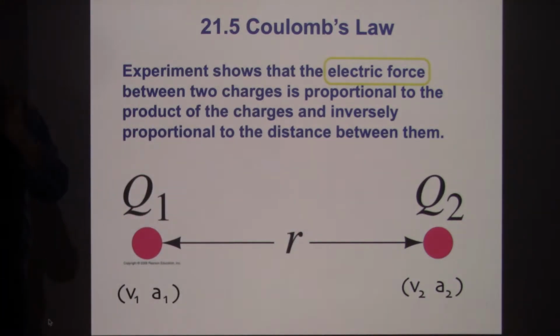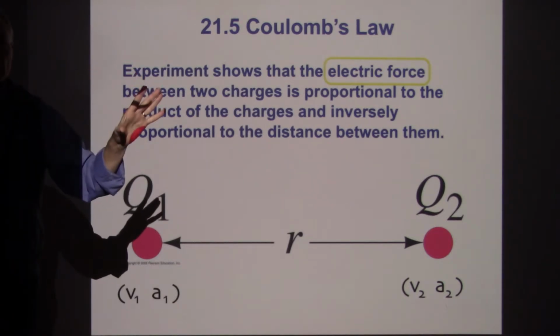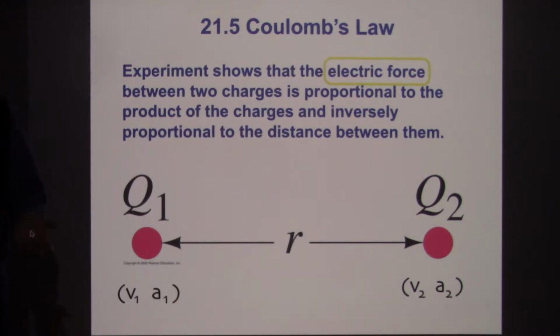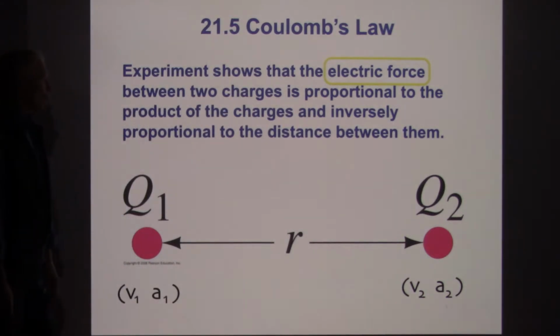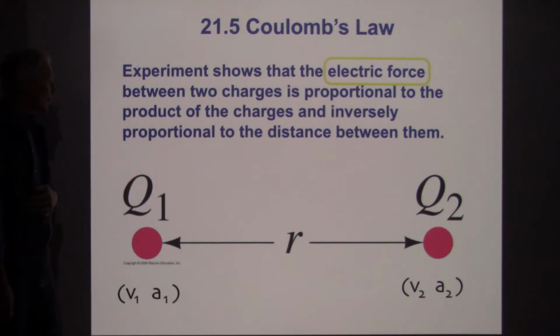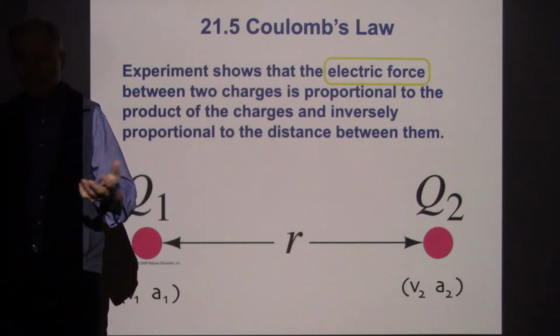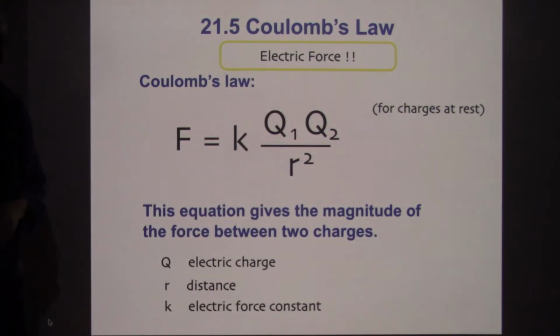Accelerating charges actually radiate energy away, a bunch of photons that make up something in the microwave region or something in the radio region. Something in your microwave oven works this way. So that comes from accelerating charges. But for now, we're going to keep things simple, and we are just going to be looking at the charges, imagining they're either at rest or they're moving slowly enough we can treat them as if they're at rest.